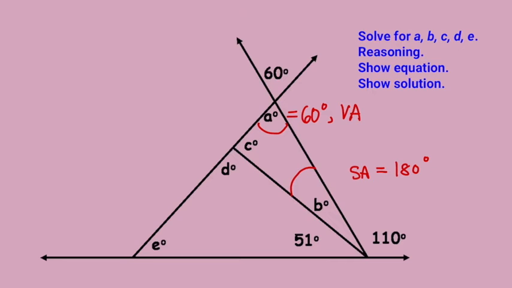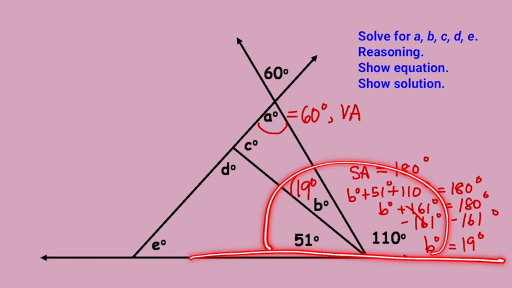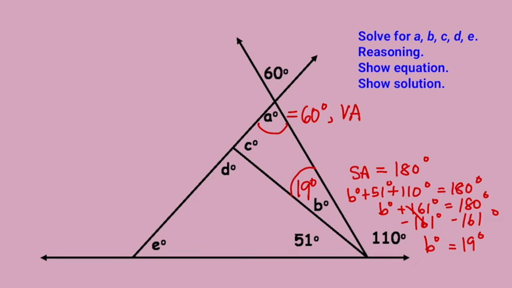So B plus 51 plus 110 should total 180 degrees. This would be B plus 161 degrees equals 180, minus 161 on both sides. B is equal to 19 degrees. The reason being, they are supplementary angles, angles on a straight line. Okay, good.